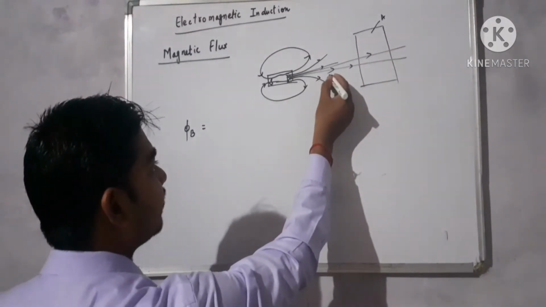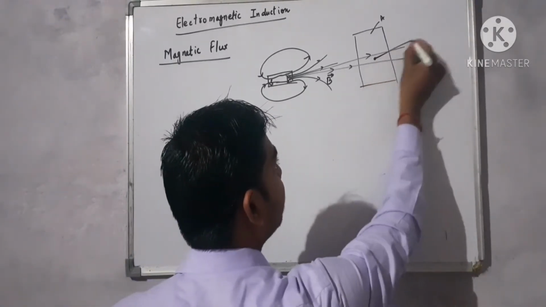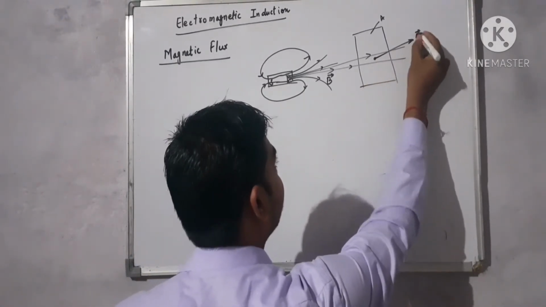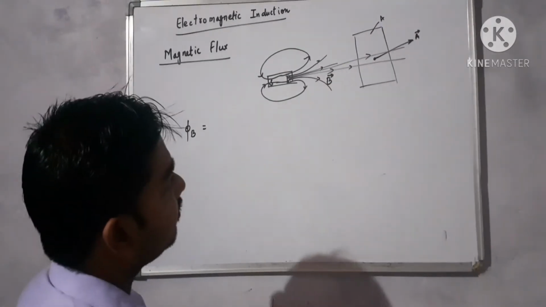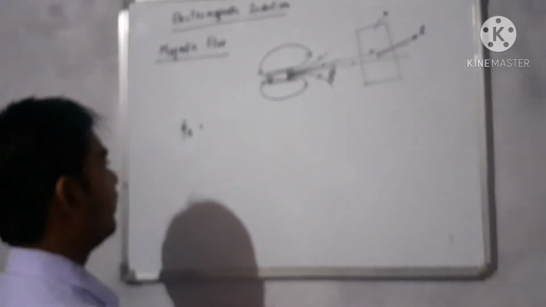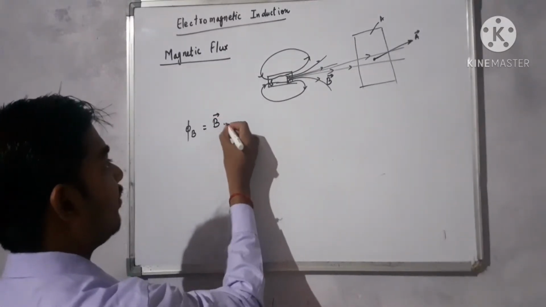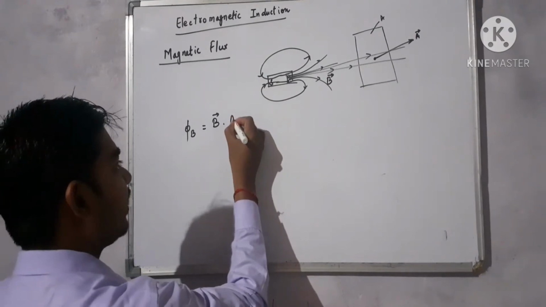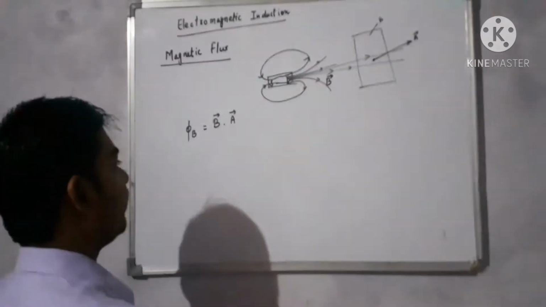It is denoted by phi B, and it is the dot product of the magnetic field vector B and the area vector A. If the magnetic field vector is B and the area vector of the surface is A, then the dot product of these two is known as the magnetic flux passing through the surface.